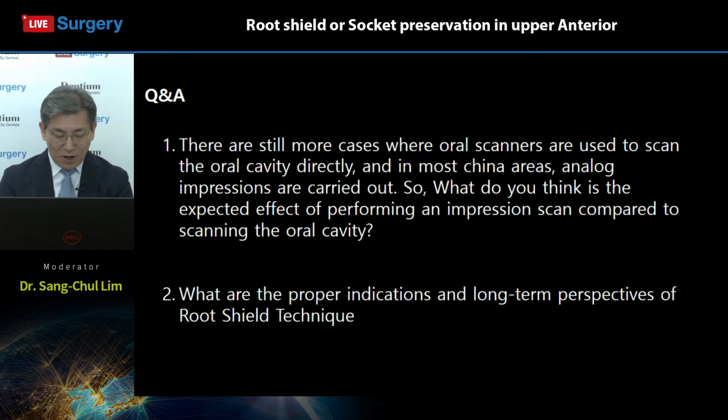So the proper indication is endodontic problem tooth. Endodontic problem means no other periodontal compromised case. And another thing is tooth fracture case. The accidental tooth fracture is a good indication for socket shield technique.